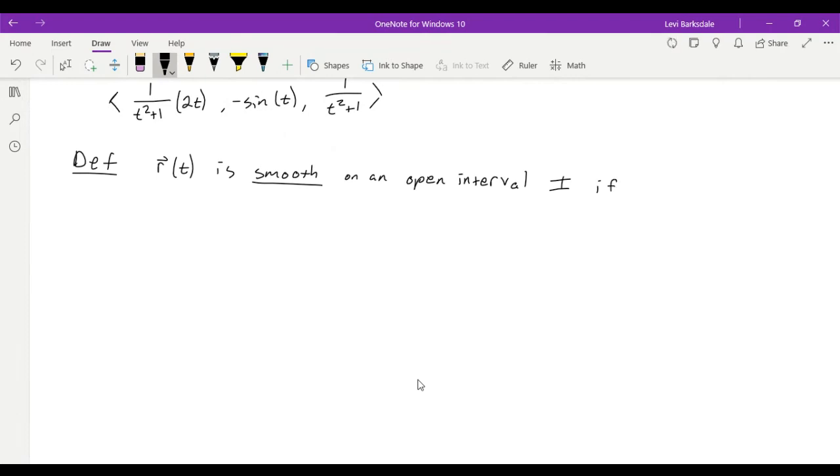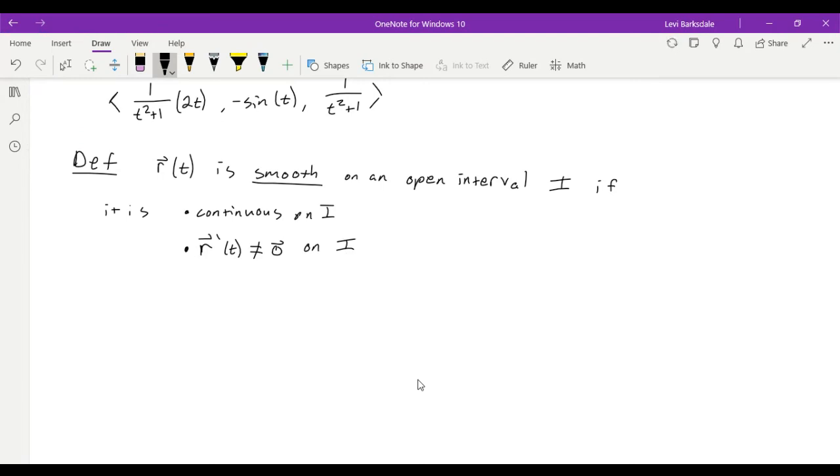We'll call it I if it is, one, continuous on I, and two, the first derivative is not equal to the zero vector on I.